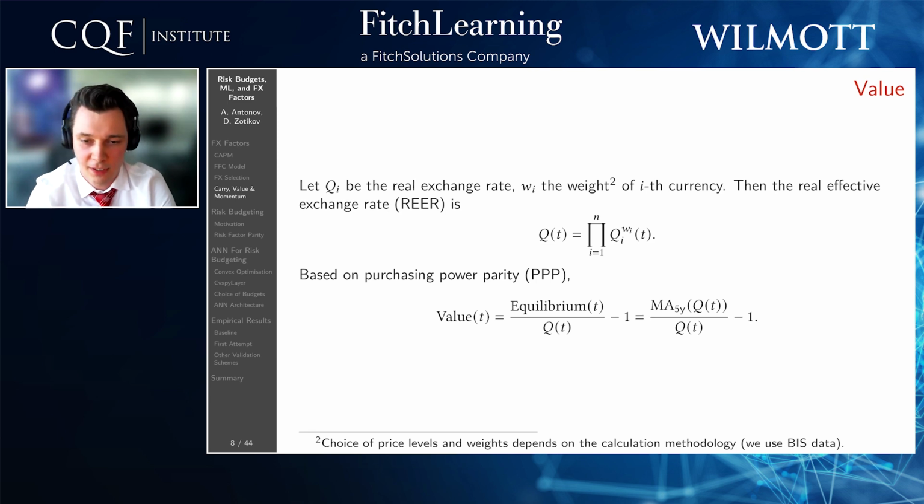And now, if we apply the concept of purchasing power parity to that, we may define value as the difference between the equilibrium real exchange rate and the observed exchange rate at time t. And as a proxy to the equilibrium, which can also be defined differently, we use, and the papers that we quote are using, a moving average over a long-term horizon, in our case, 5 years.